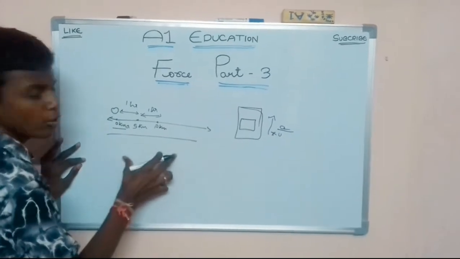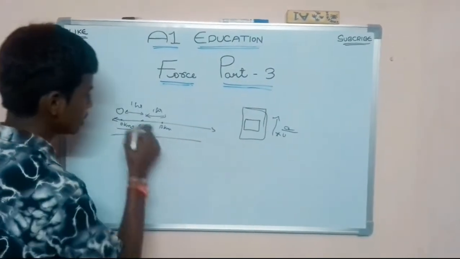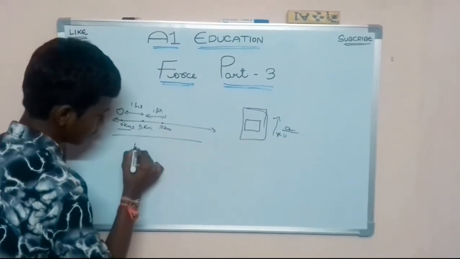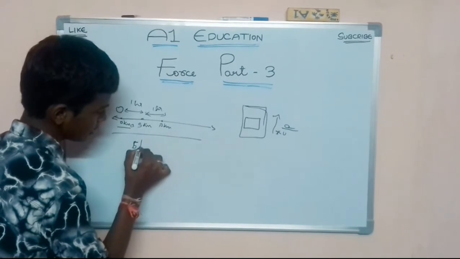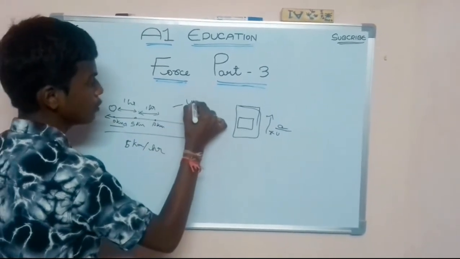So here you are in uniform motion, at 5 kilometers per hour. This is uniform motion.